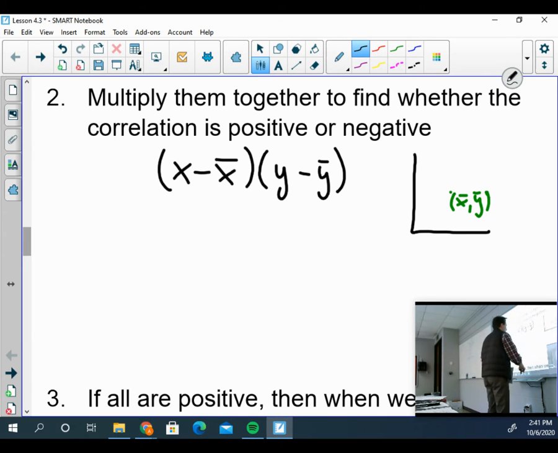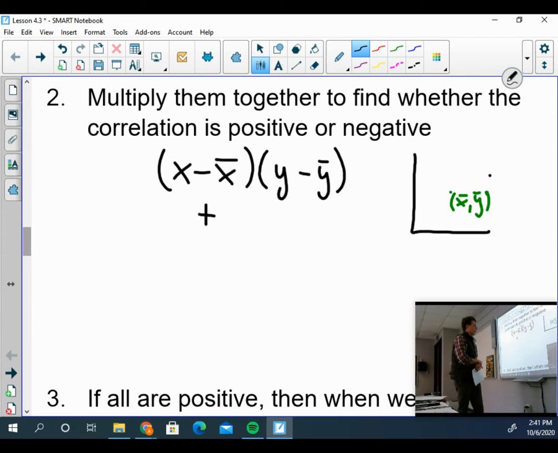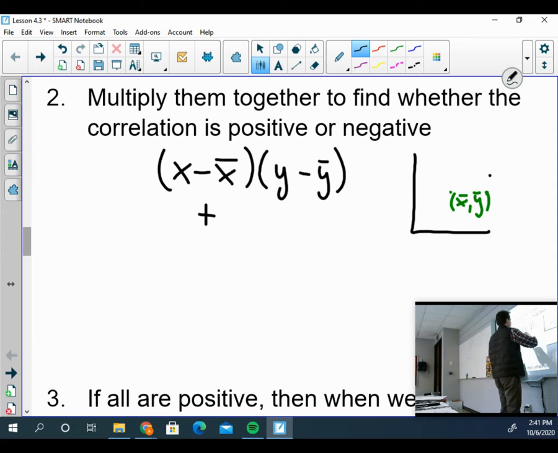If I have a high value for X, let's say over here, then X is going to be a positive number. A high value for X will produce a positive number.